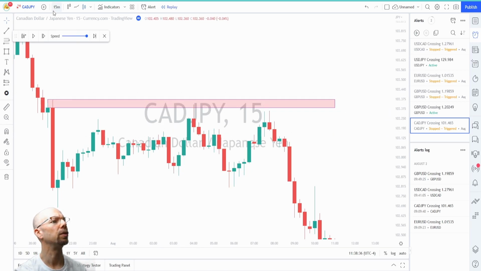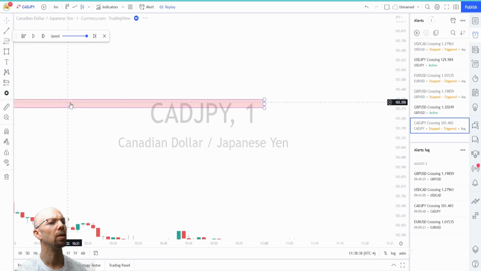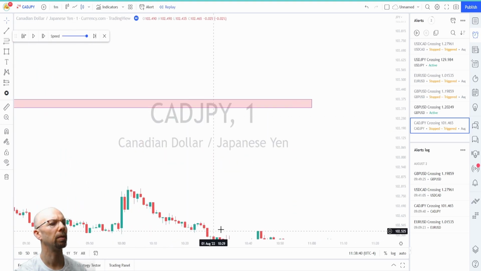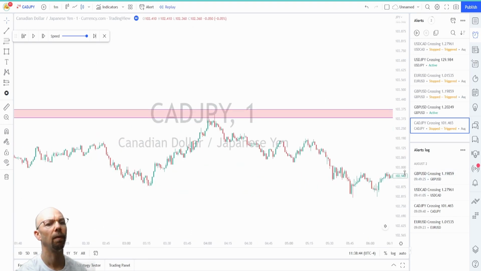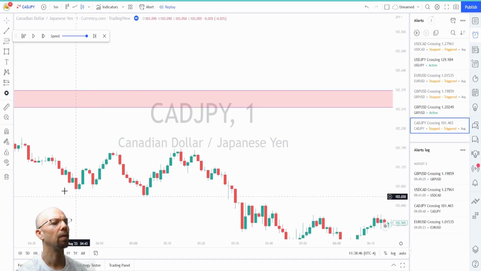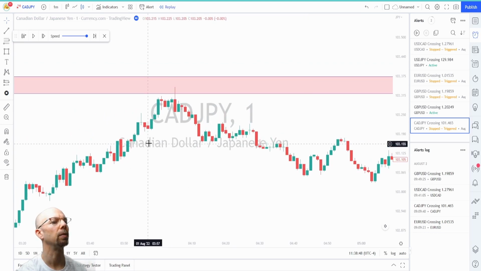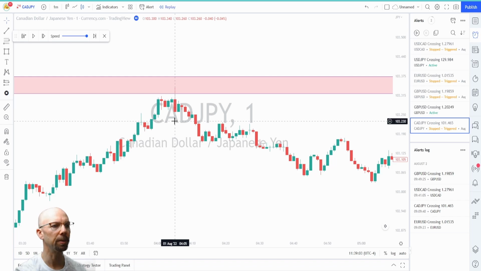And if we drop down to the 1-minute chart, we take a look here. What do we see here? We can see price came into the area that we had marked off. Just pushing up, started stalling out, signs of exhaustion, followed by an engulfing pattern in the opposite direction.